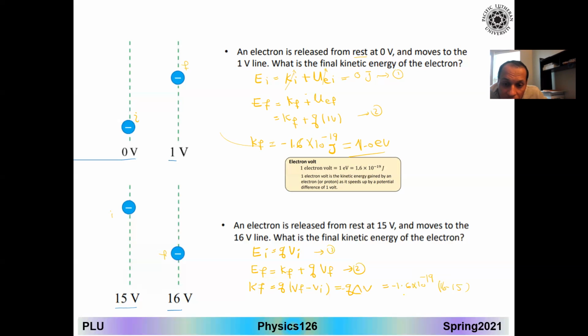You end up with 1.6 power to the minus 19 joule, which represents 1 electronvolt.